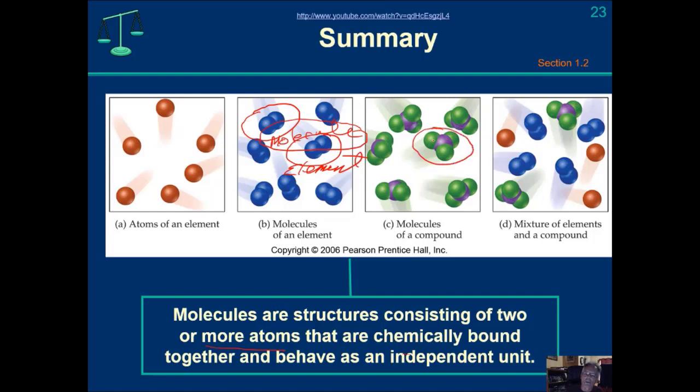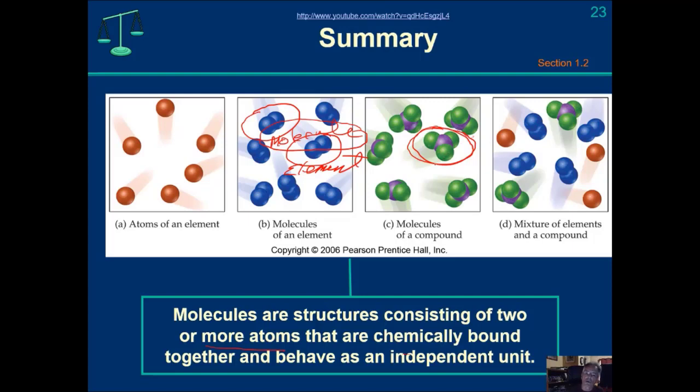We know it's a compound because we've got three green atoms connected to one purple atom. So this could be nitrogen, these could be three hydrogens, or this could be phosphorus, these could be three fluorines. In any case, this is a molecule because it's a discrete unit consisting of more than one atom that's bound together.